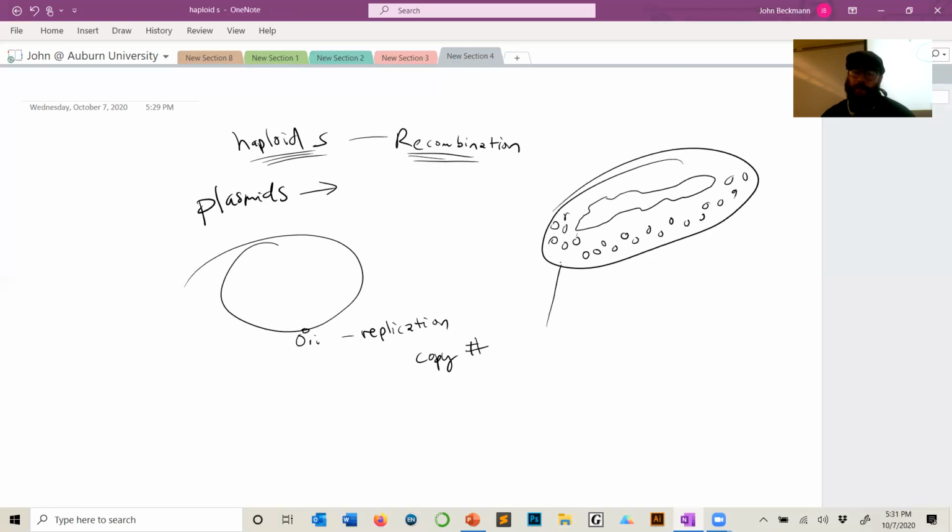Now, are you going to get a lot of homologous recombination if you have 600 copies of something? Yeah, you're going to have a lot. So if I look at the genomes of pathogens, where would I expect important outer membrane proteins, important antigens, to be?